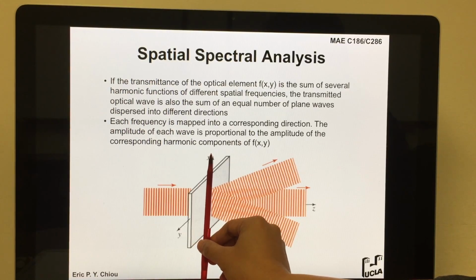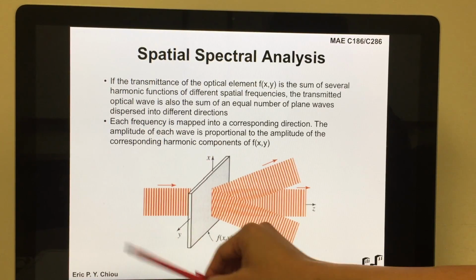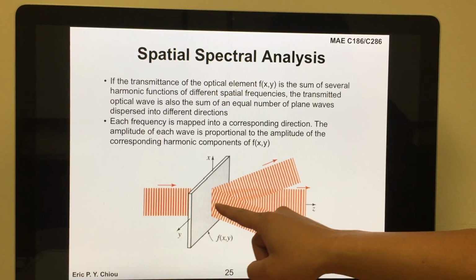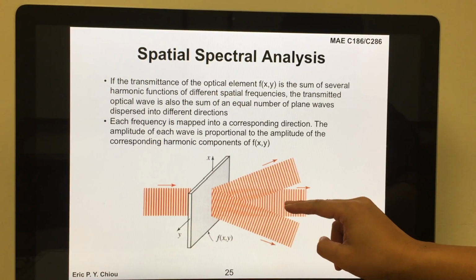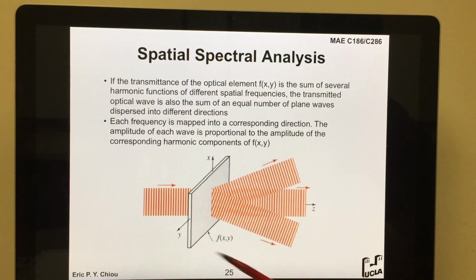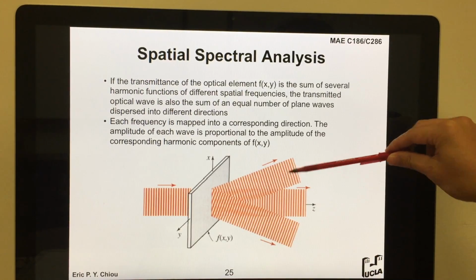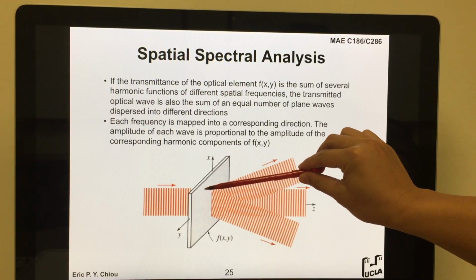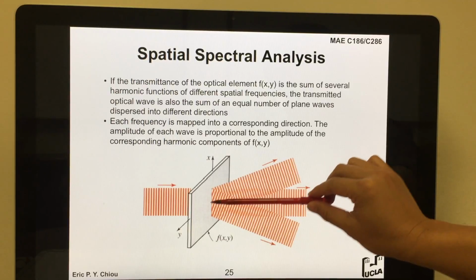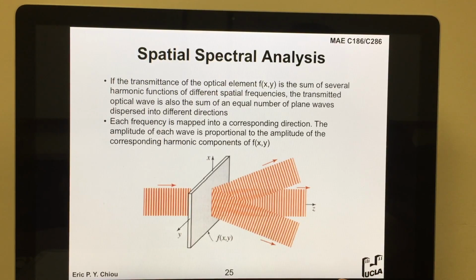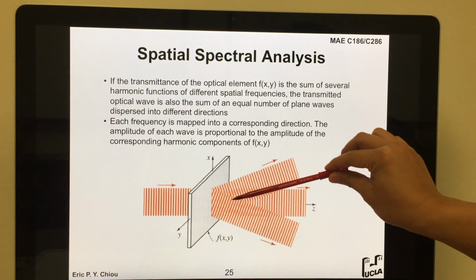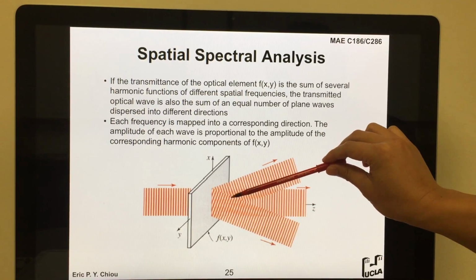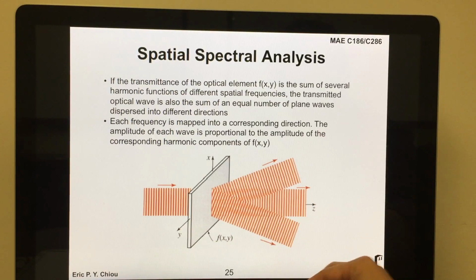This light pattern you can think of as a superposition of different plane waves propagating in different directions. Each direction represents a different spatial frequency on this xy plane, and the intensity propagating in each direction represents the amplitude of that spatial frequency.